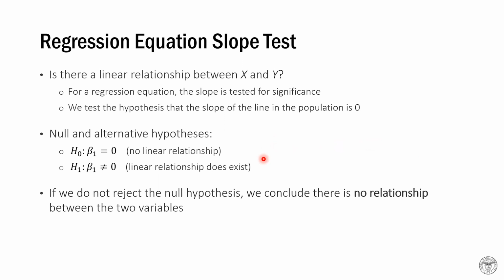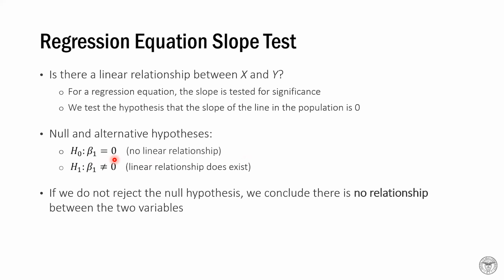The test is equivalent to the test for the correlation coefficient. We use beta to represent the population slope. So the null hypothesis is whether beta sub 1 equals 0, assuming there's no linear relationship between the dependent and the independent variables.